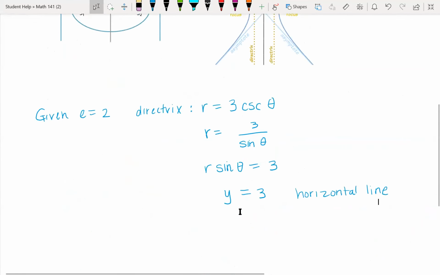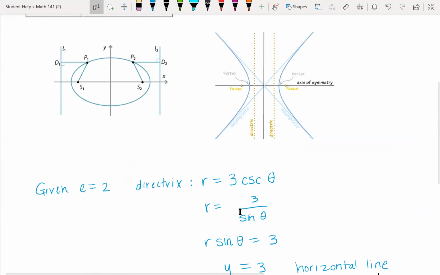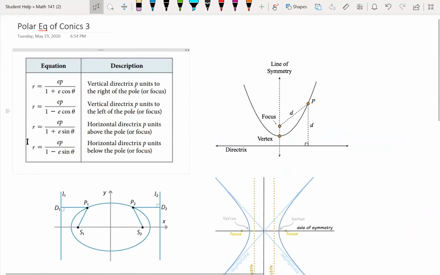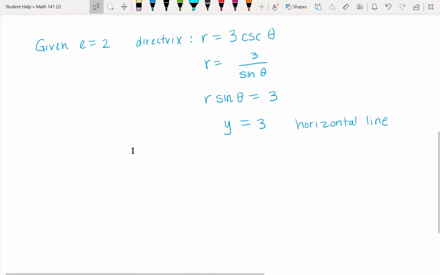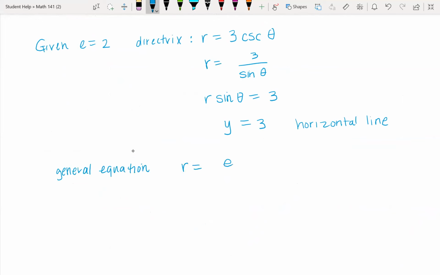So since it's a positive number, we're looking at the 2 down here on the bottom, we know that it's going to be above because it's positive, and so we're going to use this first equation with a 1 plus e sine theta. So we know the general equation is going to be r equals e times p over 1 plus e sine theta.